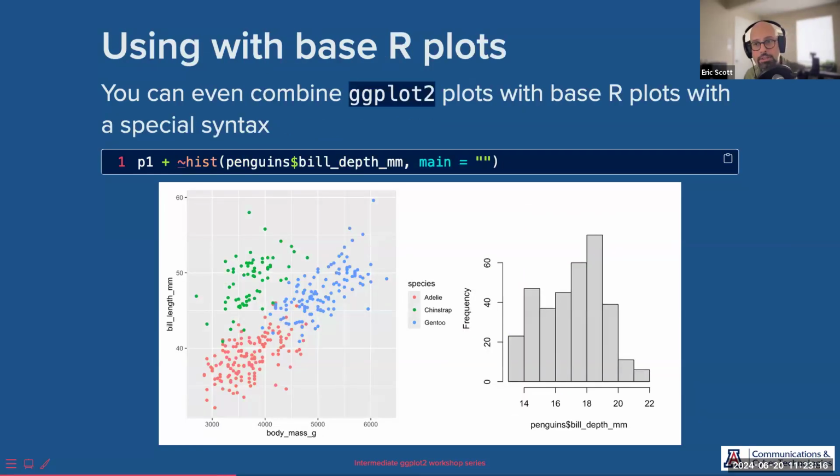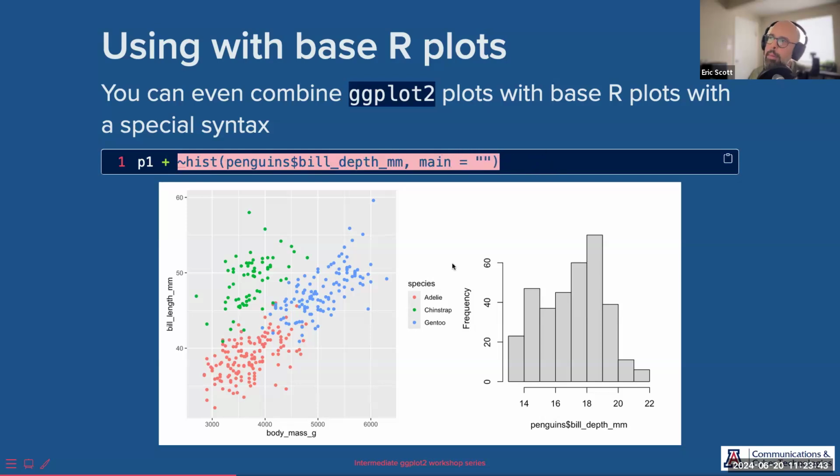And you can also use it to combine ggplot objects with base R plots, which is pretty cool. So if you have a plot that you've already got code for in base R, and you don't want to translate it to ggplot2, or it's some output of a package that gives you the plot in base R, you can use this tilde to combine it.